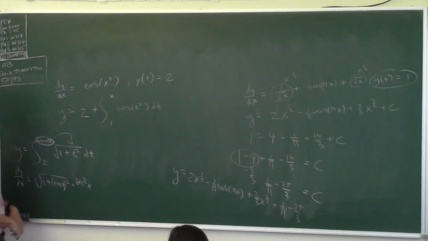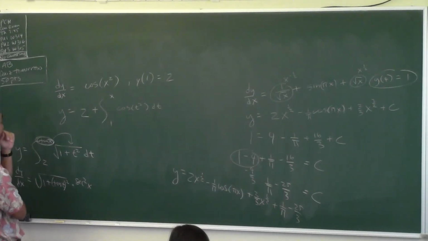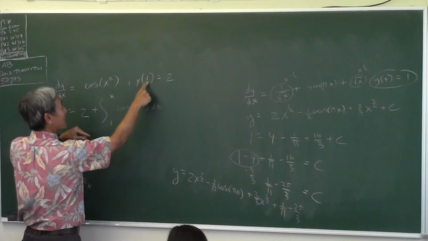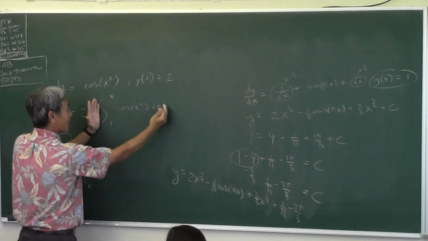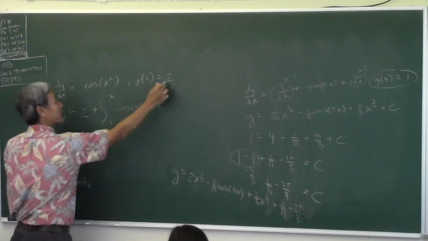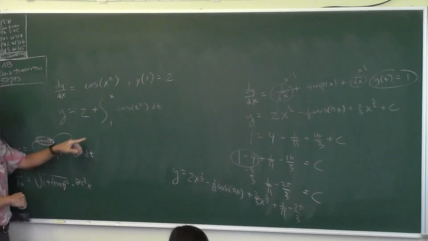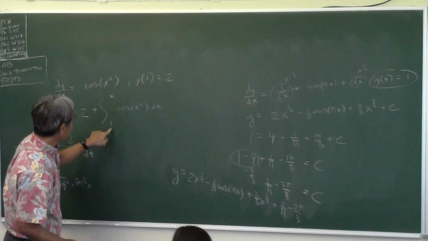Yeah, you put a 2 there. Now some of you are going, what the heck is he doing? Look, if I plug in 1 for x right there, the integral from 1 to 1 is 0. 0 plus 2 gives you the 2. That's why whatever number is here, that's what you put on the bottom there.